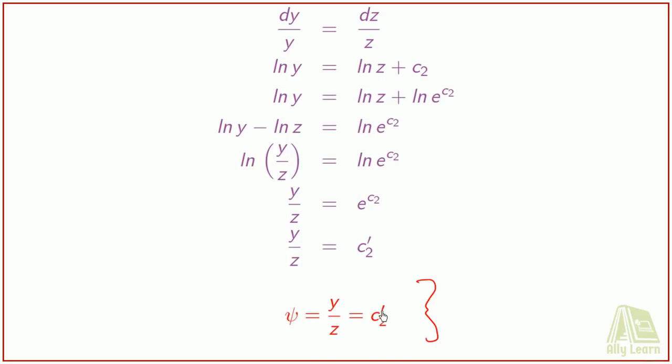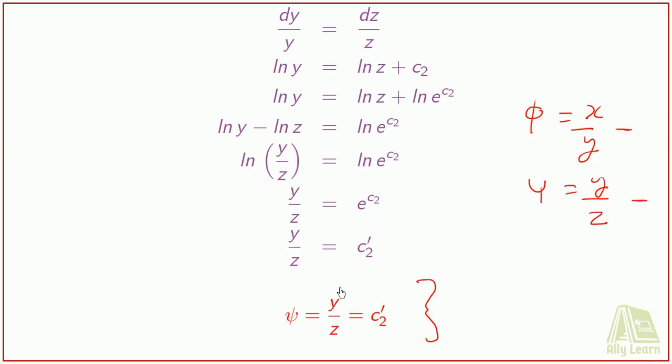Okay friends, so we have obtained our two solutions, phi and psi. If you remember, my initial solution phi was x over y, and now I got psi as y over z. These are my two solutions obtained by comparing the first two ratios and the second and third ratio.